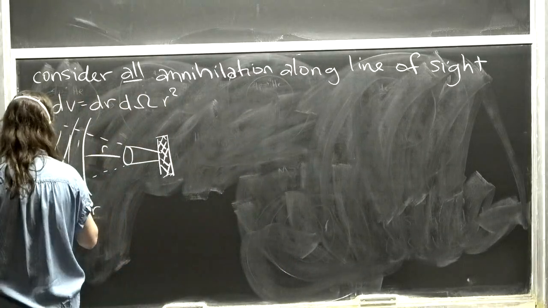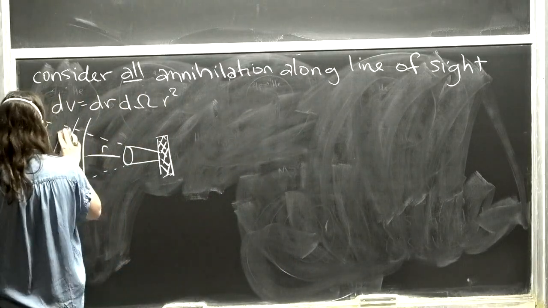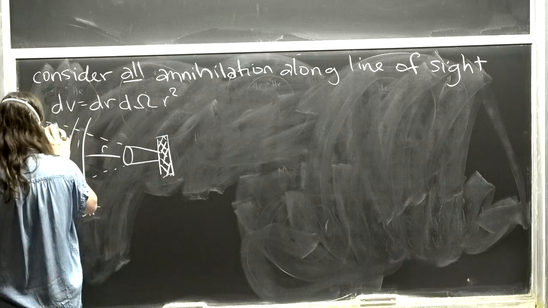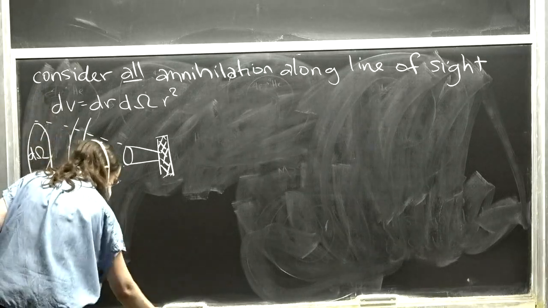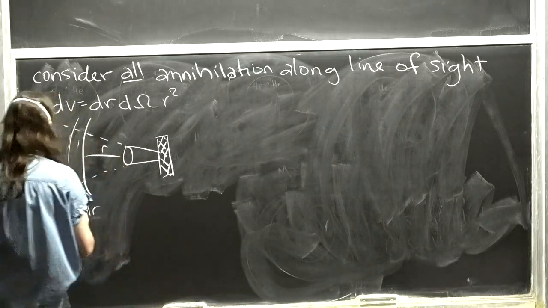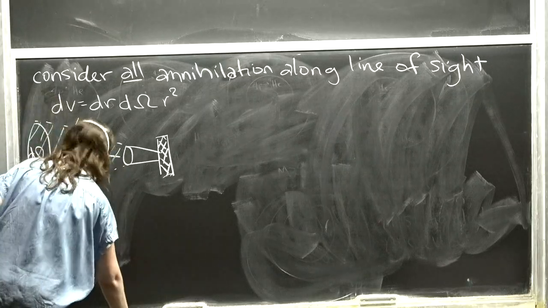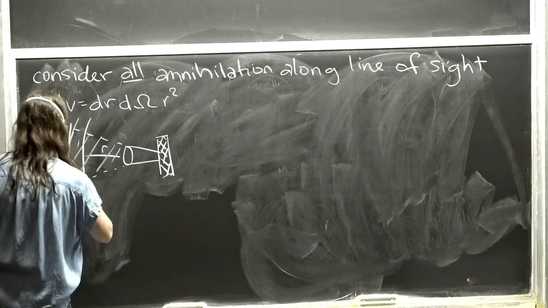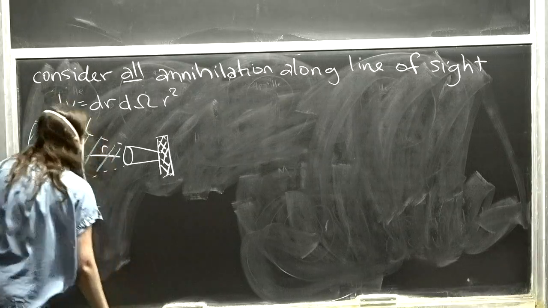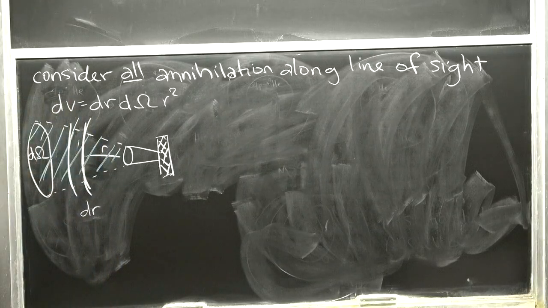Well, look, there's a nicer version in the notes that I'll post where I can use different colors. Oh, wait a minute, here I can use different colors. What a concept. All right, I'm looking for all of this dark matter. So I'm going to integrate over this entire volume right here.